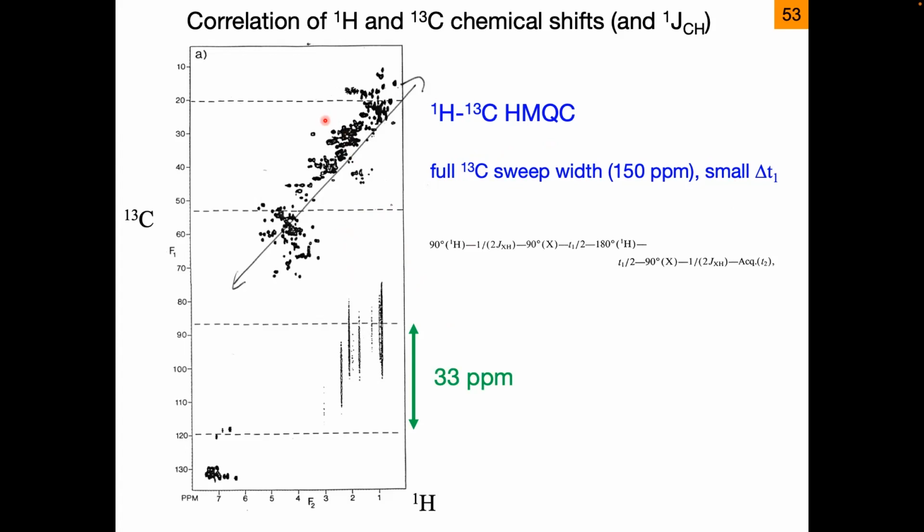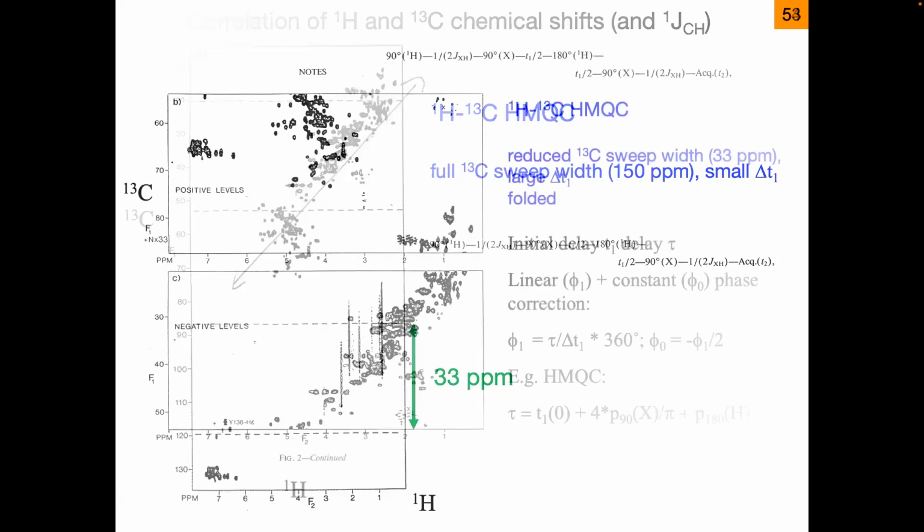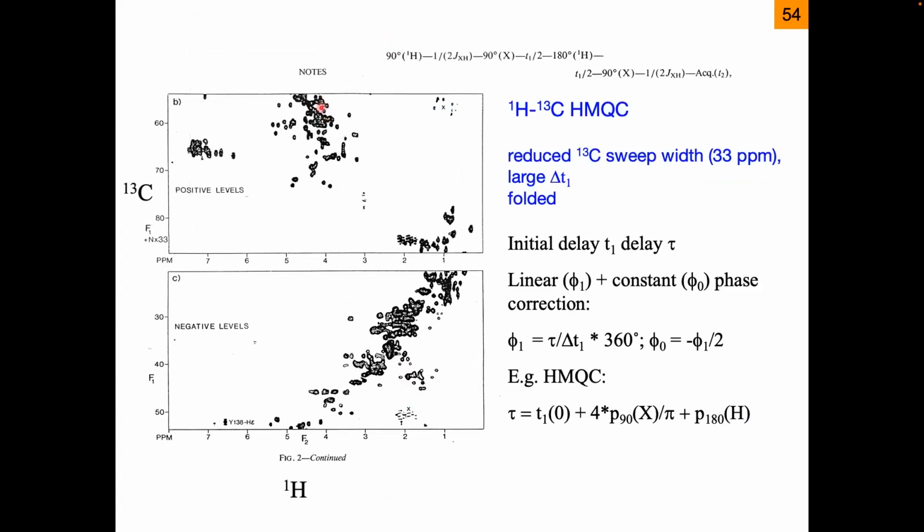This doesn't work in an NH correlation, but in a CH correlation, it works. By that, I can make the increment larger, then the dwell time larger, and then I need fewer increments to achieve the same resolution. And now you see this here. This is now just with a 33 ppm sweep width.